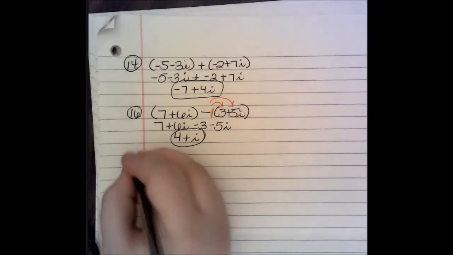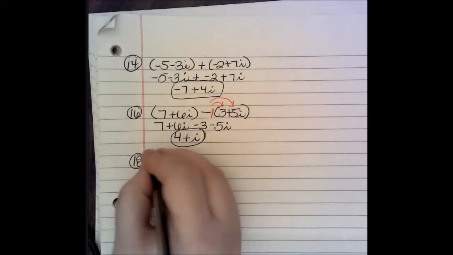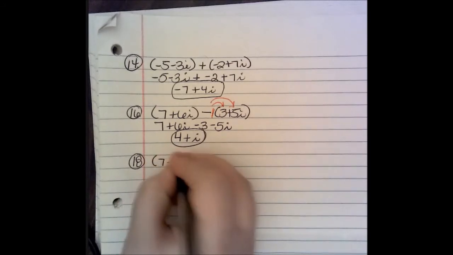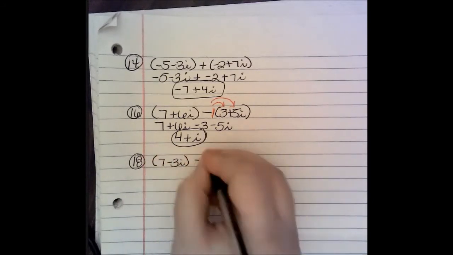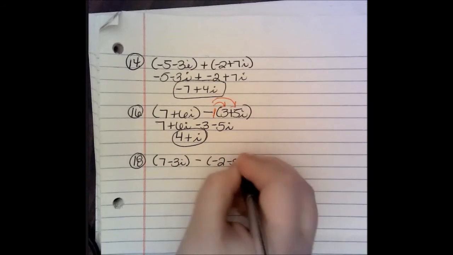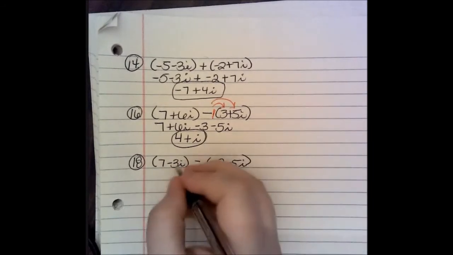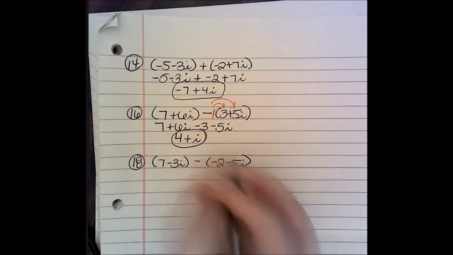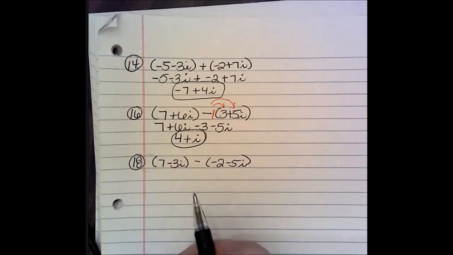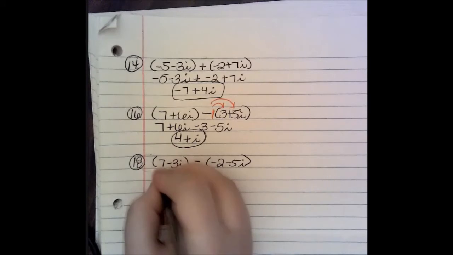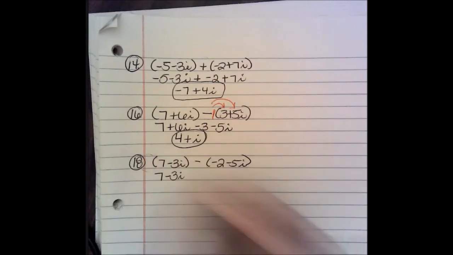Number 18, we have 7 minus 3i minus -2 minus 5i. So we can't combine these two terms because they're not like, and there's nothing multiplying out in front. So we can release everything in this set of parentheses.